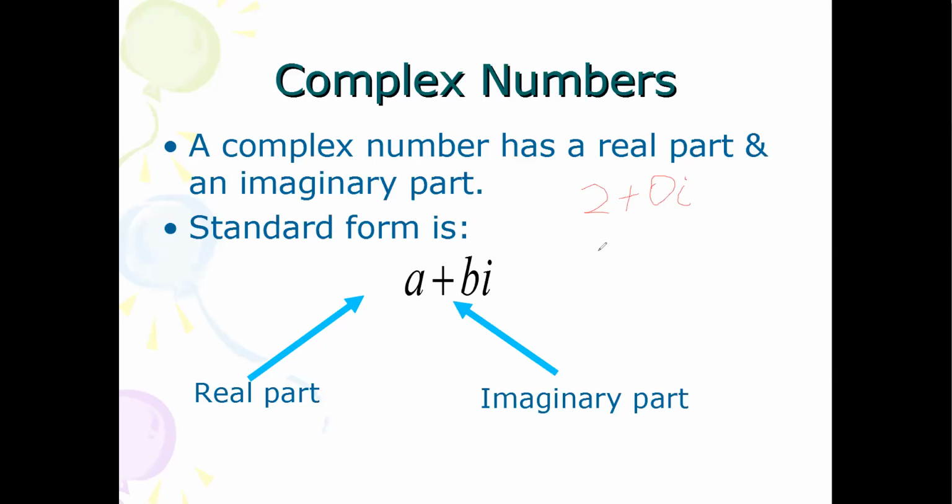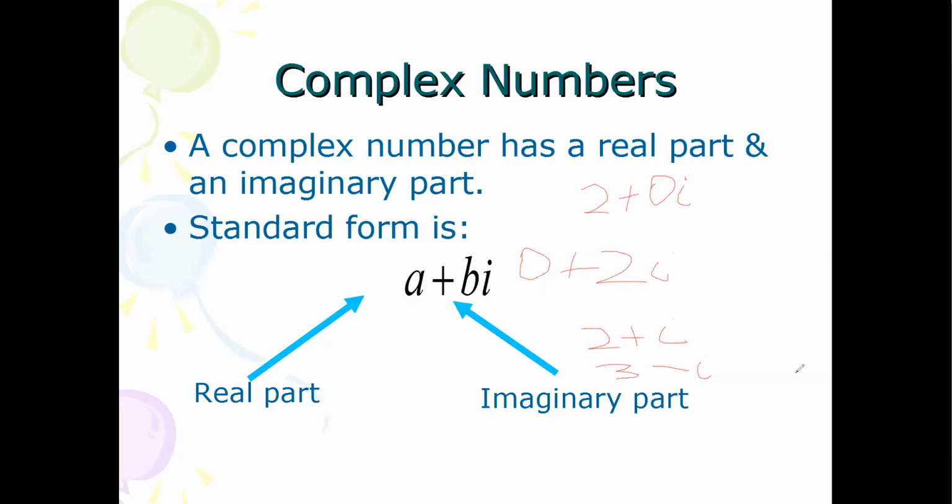Let's take an imaginary number, let's say 2i. You want to think of this as 0 plus 2i. So it does have this form. It's just that the real part is 0. And then there are all those numbers of this form, like 2 plus i, 3 minus i.